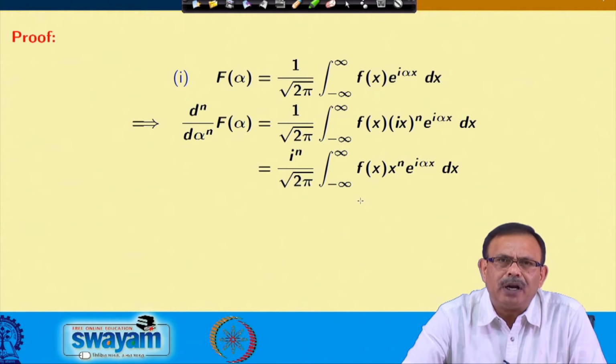So, I bring x to the power n outside, along with 1 by root 2 pi, integral from minus infinity to infinity. This one is nothing but the Fourier transform of f(x) into x to the power n.